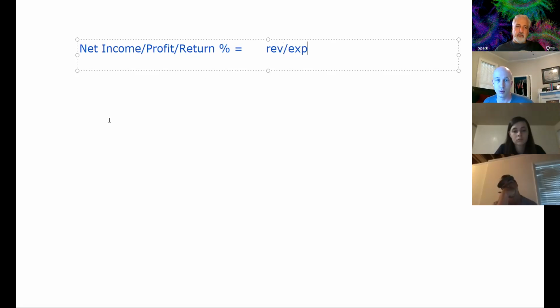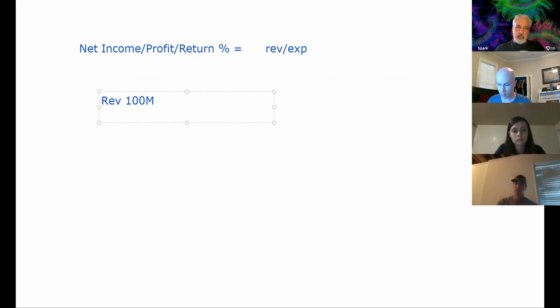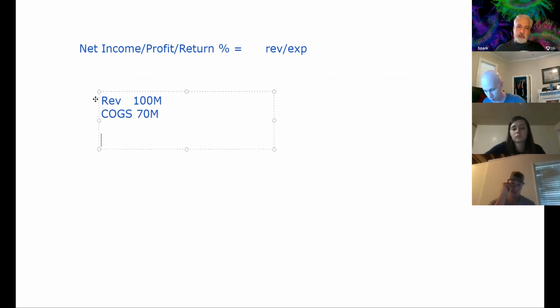Okay, so let's go with an income statement here. I'm going to have revenue of $100 million. Cost of goods sold of $70 million. Who can tell me what the gross profit is?